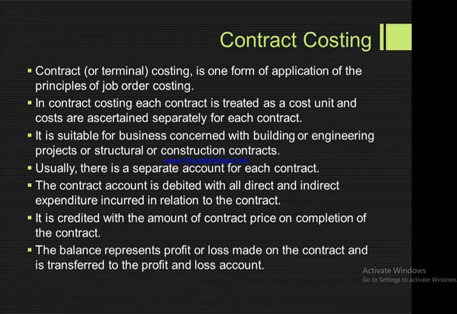So next, let's continue from here. The next type of method of costing is called contract costing. All of us are familiar with this term contract. Whenever we hear the word contract, take a simple example: if you want to get whitewashing of a building, then we think whether we should go for a square feet basis of paying or whether we should go for a contract.